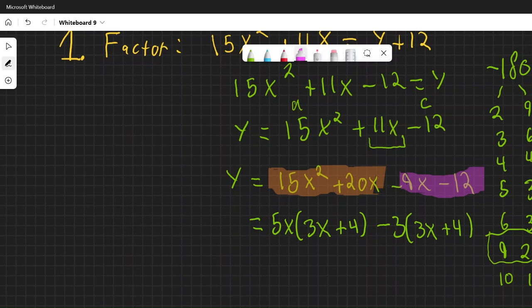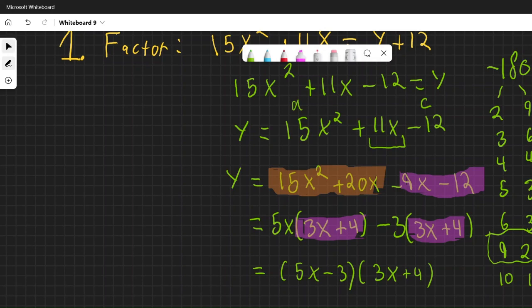Now you'll notice that these two sets of terms are both the same, so we can factor that out. That'll give us our final answer of 5x minus 3 times 3x plus 4. Alright, so that's how you factor by grouping.